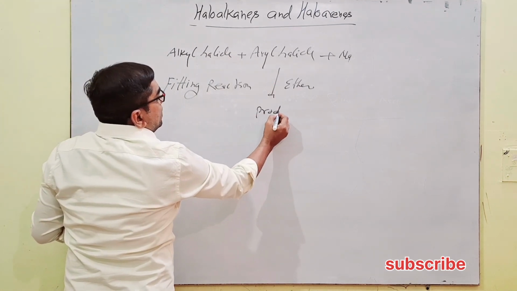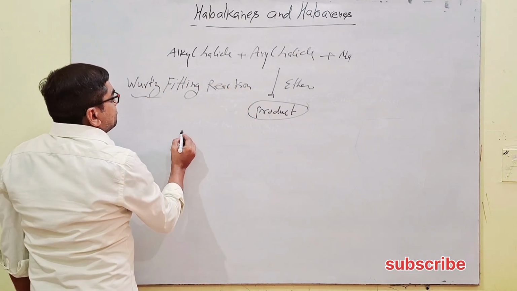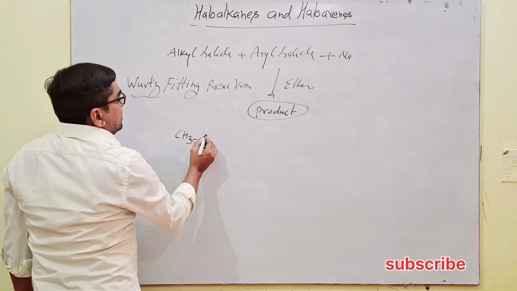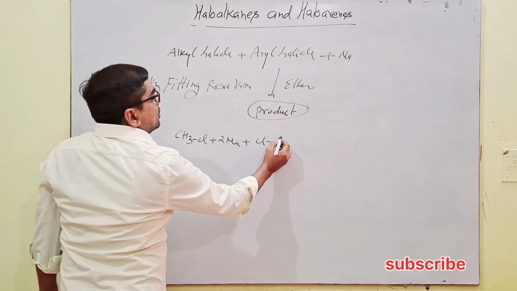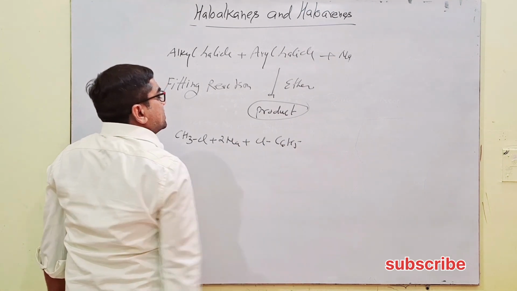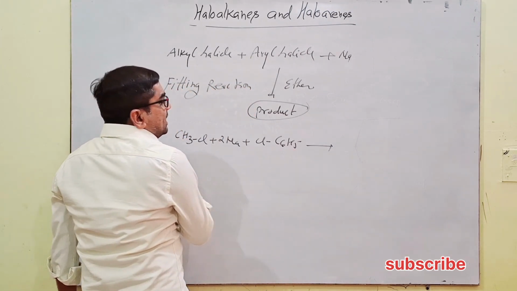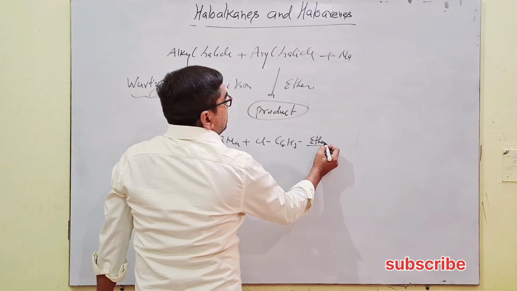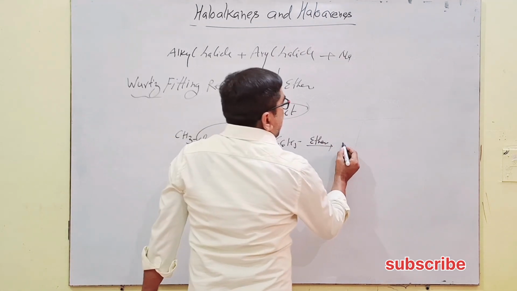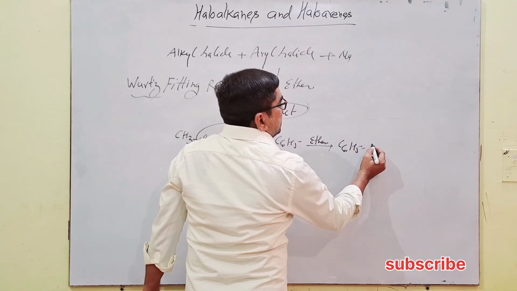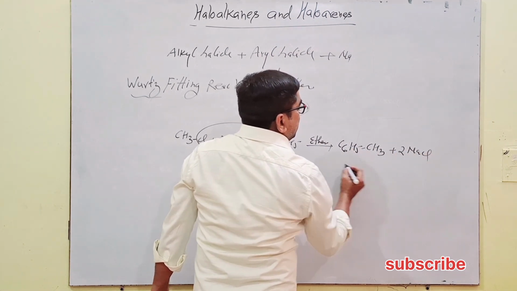What will the product be? Now see the real example. CH3Cl reacts with sodium metal and chlorobenzene, C6H5Cl, an aryl halide, with an alkyl halide in ether medium. Elimination of NaCl and formation of C6H5CH3. This is called toluene.